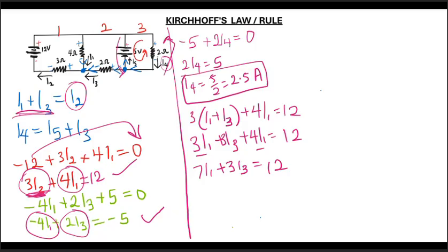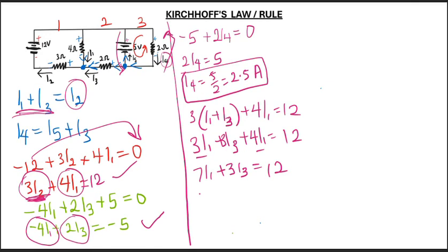All right. Now we have one of the equations. For the second equation, I have minus 4I1 plus 2I3 equals negative 5. Now I can decide to multiply the first equation by 2 and the second equation by 3, such that this and this will have the same value, and I'll be able to cancel them out.